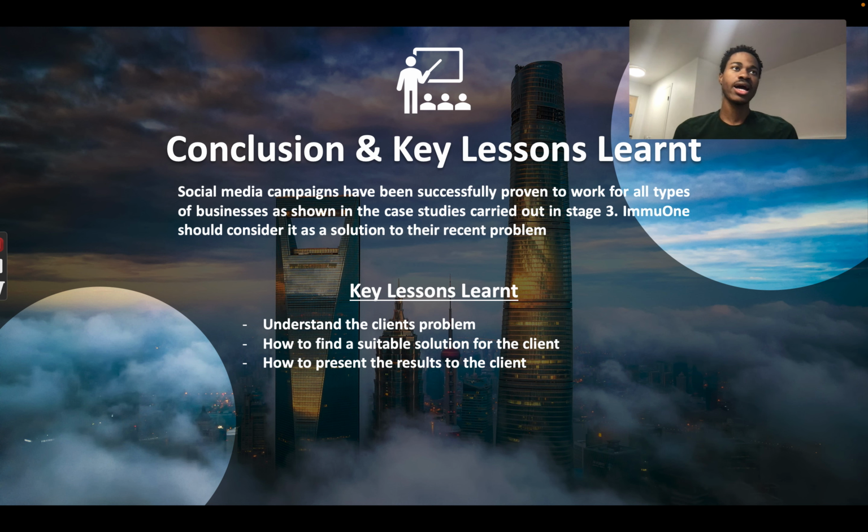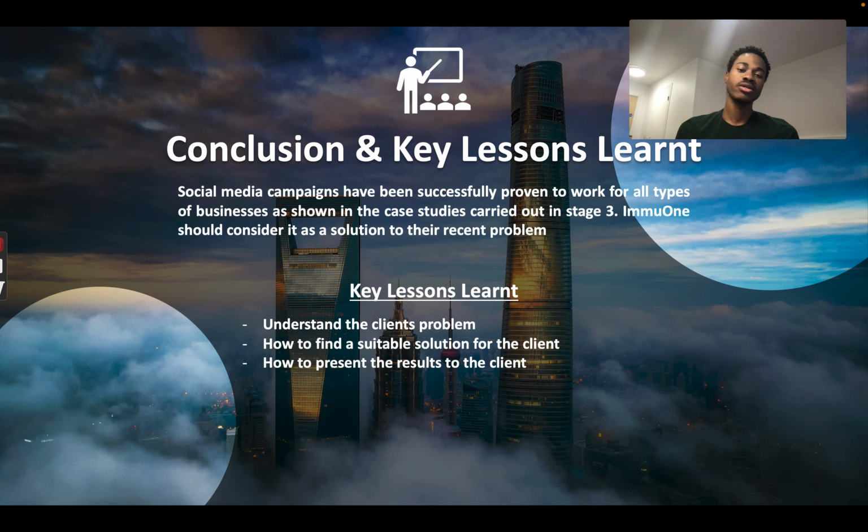Email One has been used to the traditional way of marketing, which is usually at sessions that they go to, but they need to adopt some aspects of digital marketing in order to reach more clients and more customers. So yes, social media campaign is a successful and proven way to work, and it is most affordable for Email One, as shown in the matrix in stage 3.